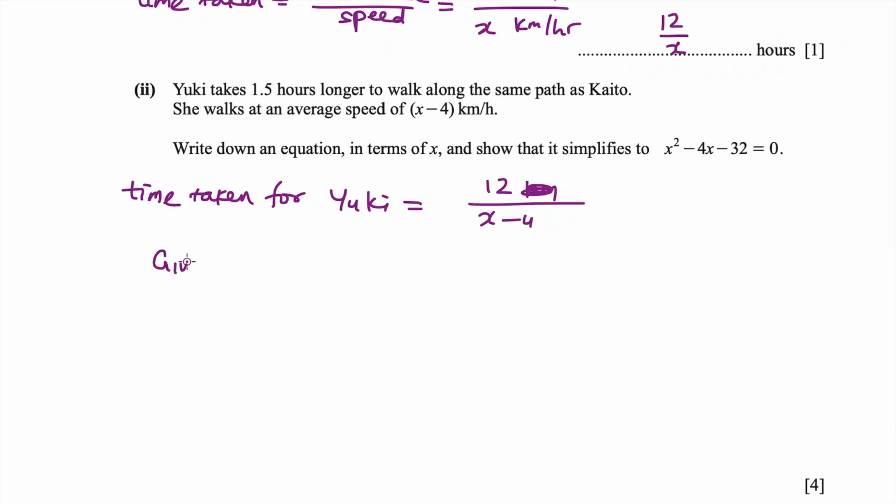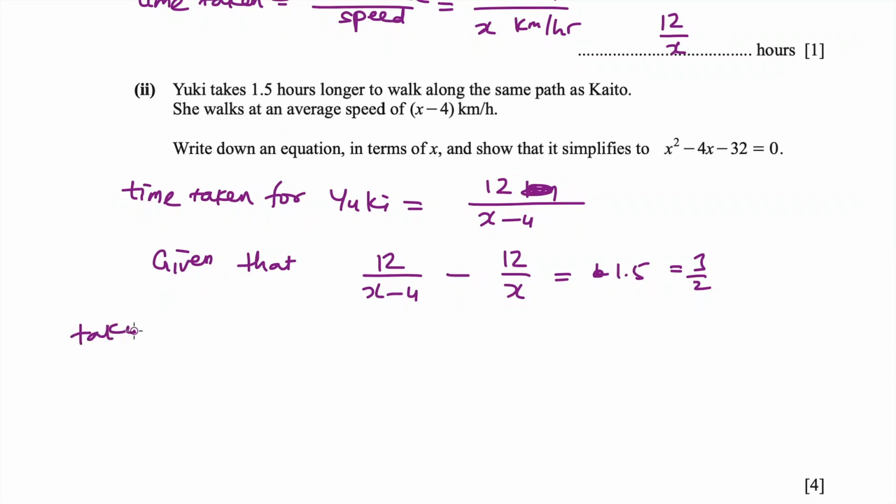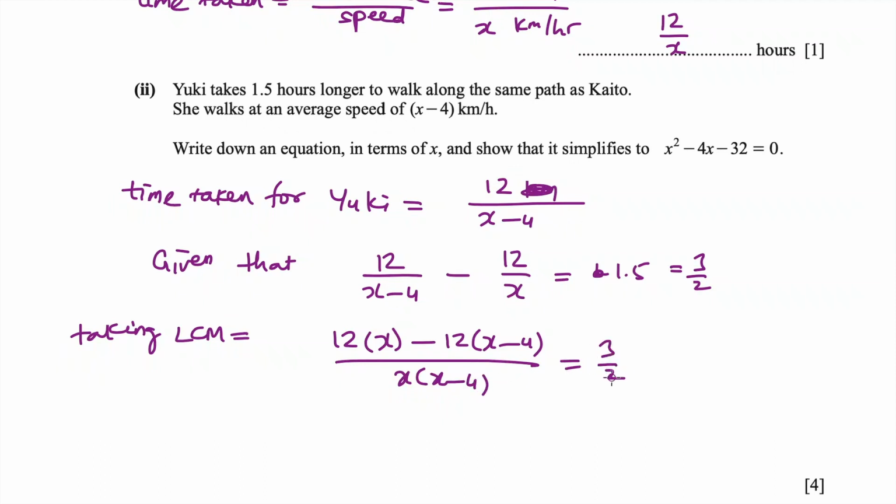And it is given that 12 by x minus 4, if I subtract the time of Kaito from the time of Yuki, I will get 1.5. So this is nothing but 1.5, or I can write it as 3 by 2. So now taking LCM, this would be 12 into x minus 12 into x minus 4 divided by x into x minus 4 is equal to 3 by 2.